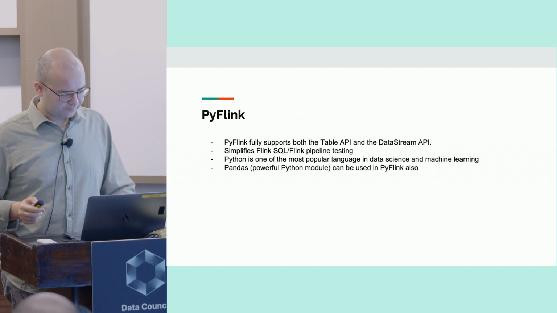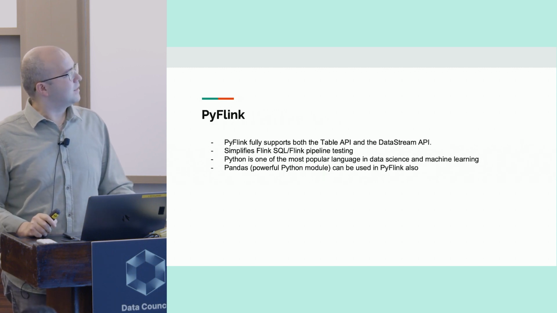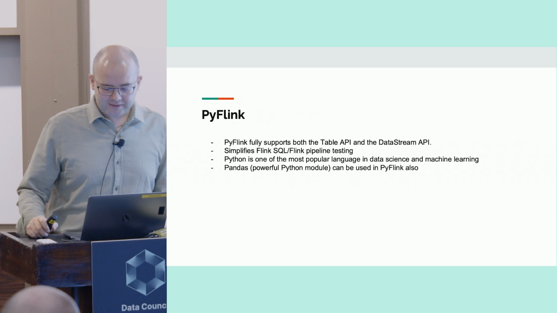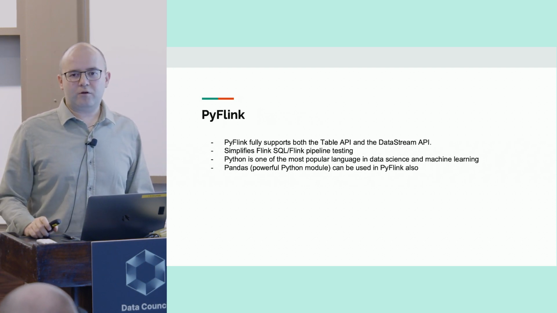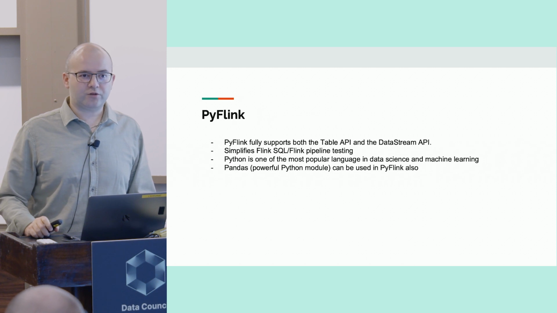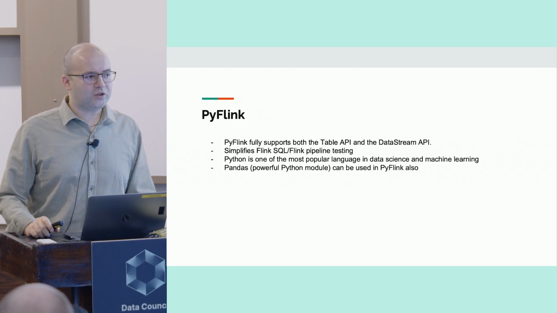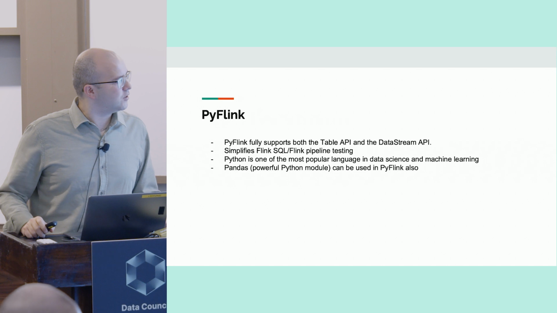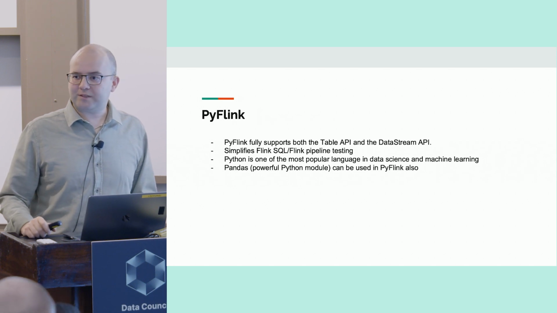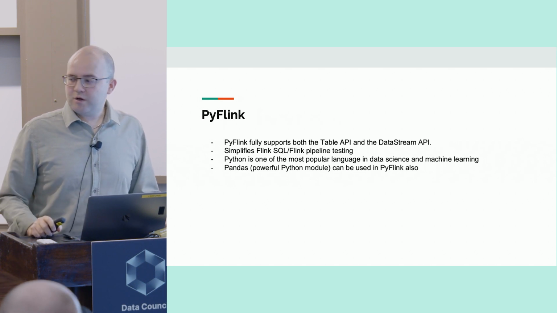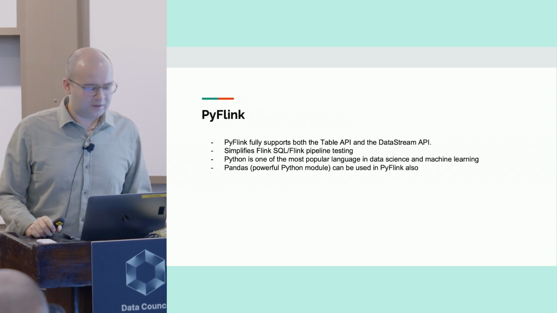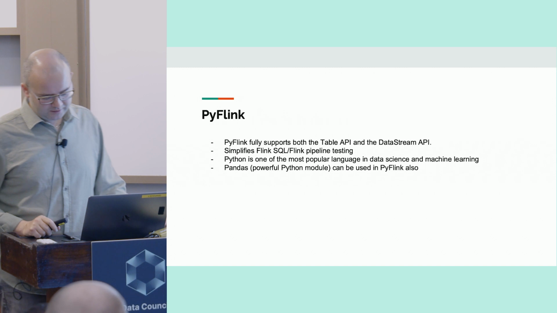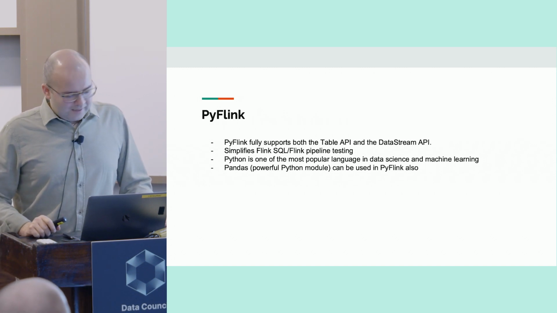For interactivity and ease of use, the second one is PyFlink. PyFlink might be a good fit for ML framework integrations, such as PyTorch. Let's say you have machine learning models implemented in PyTorch, and you want to generate inferences at scale and then ingest them into a Lakehouse. Then you can use PyFlink, and it supports the Table and DataStream APIs.